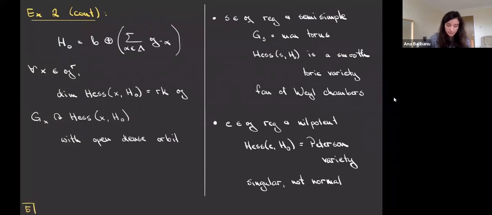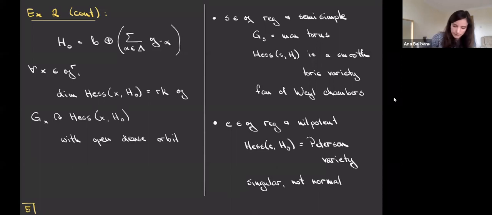Okay, so continuing with this example, we have two special cases. If S is a regular and semisimple element, then its centralizer is a maximal torus. And this maximal torus acts on the corresponding Hessenberg variety, which is smooth, with an open dense orbit. So this means that this Hessenberg variety is a toric variety, and toric varieties are indexed combinatorially by fans.